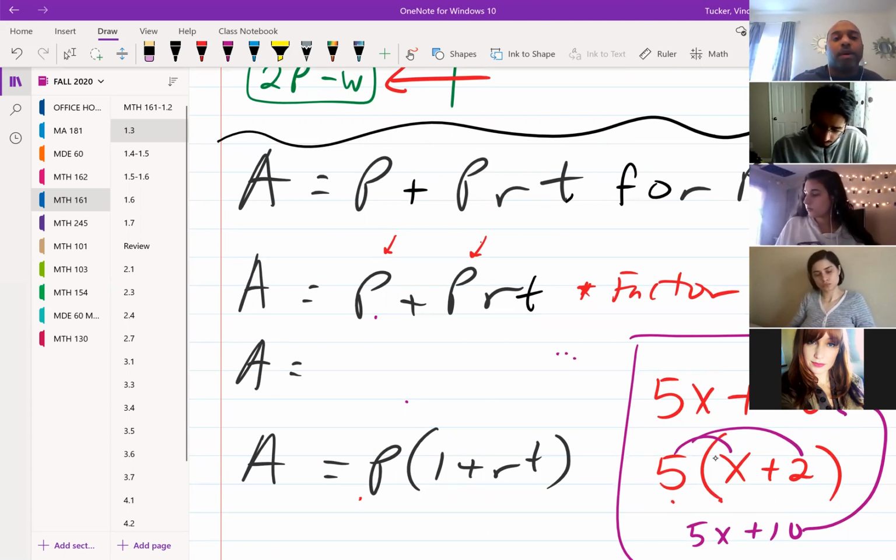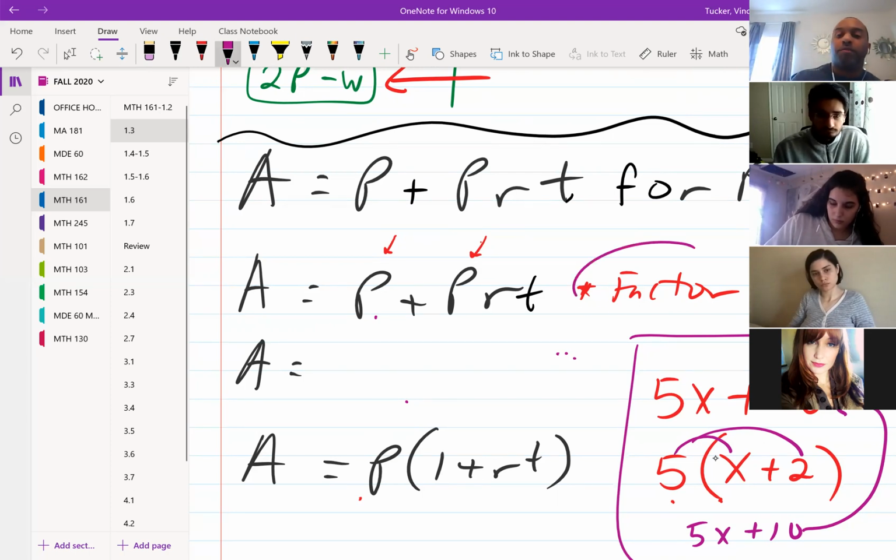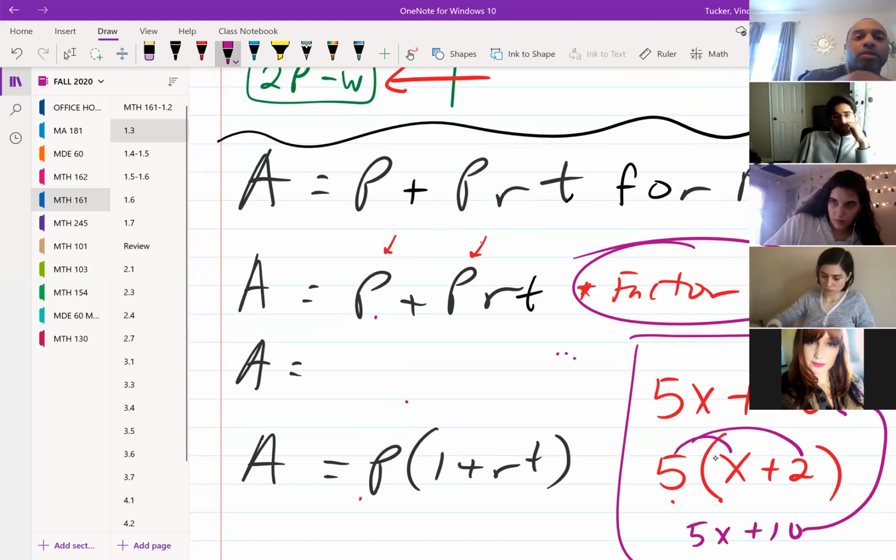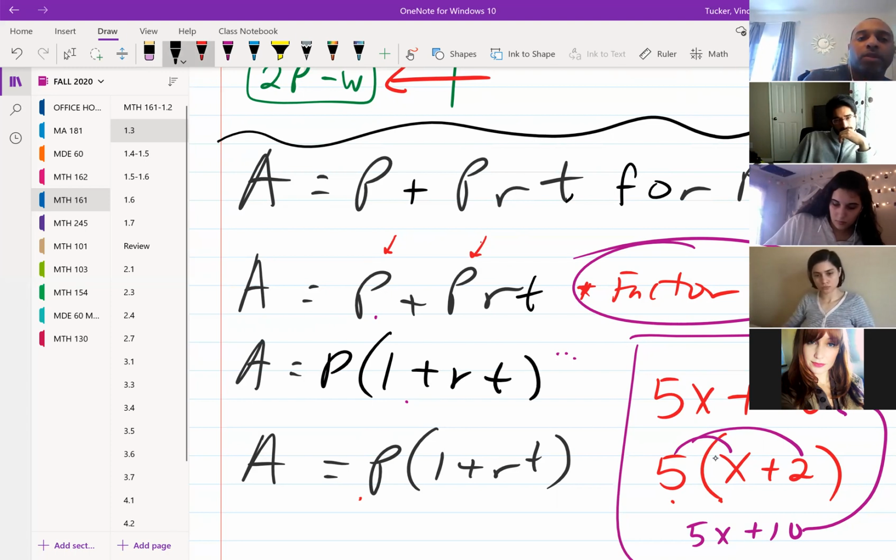I might use it if somebody asks that same type of question, but we're talking about factoring here. Notice we have P in multiple places, so our goal should be to have a single P that we can solve for. So what we're going to do is factor P out of each term. That's the reversal of distribution. We're going to undo that by pulling P out to the outside. That leaves us with 1 plus RT. So we took the P that was here and brought it to the outside to have a single P.